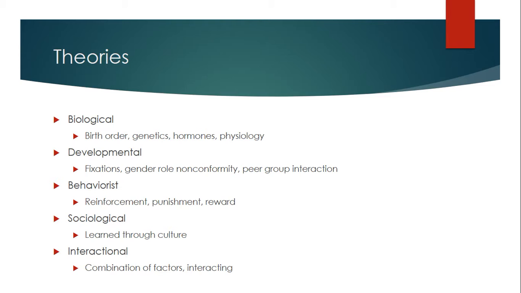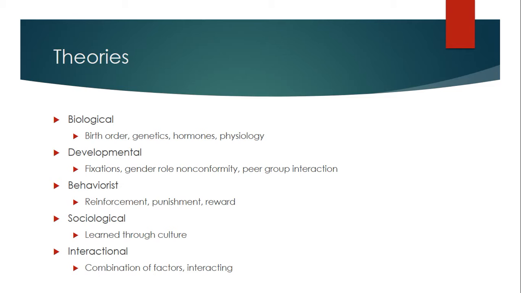Typically, that could be something having to do with development as they're growing up. And then peer group interaction is another one as far as development. It's which types of friends people are associated with as they're going through puberty and the changes in the biological aspect.